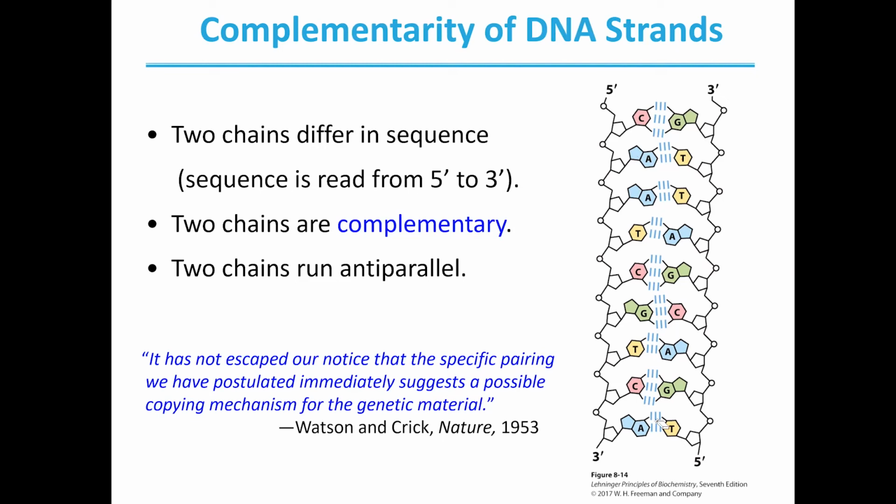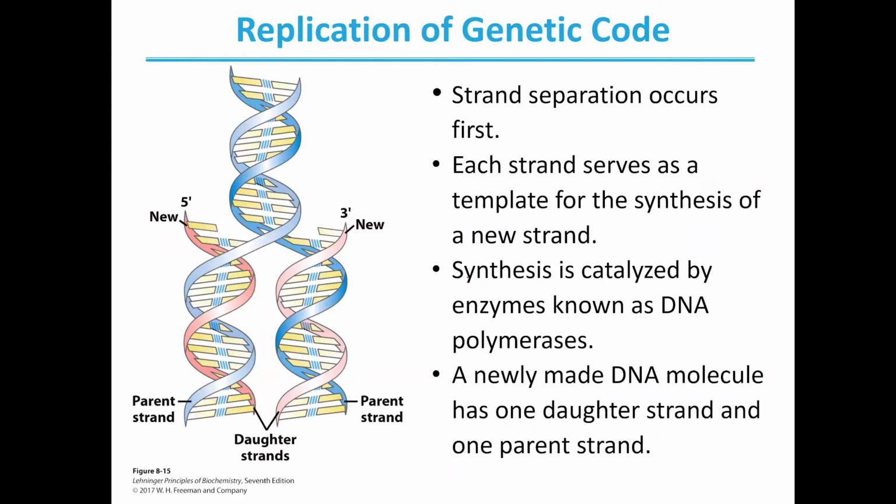But one other feature is that they are also anti-parallel, meaning that one chain that is running from 5' to 3' binds with another chain that, if you read from the top where it binds, would be going from 3' to 5'. This is what we mean by anti-parallel. This is important because it does affect how DNA replicates.